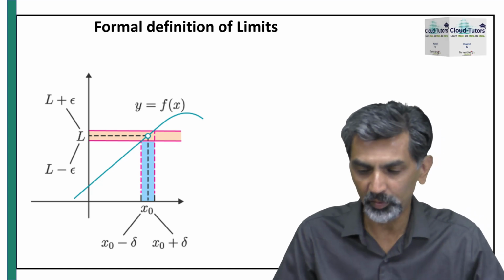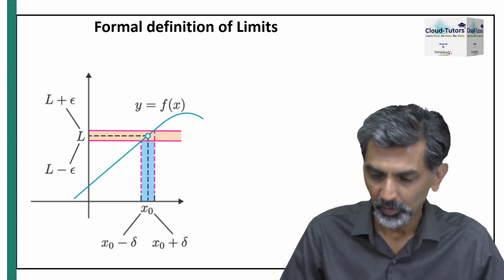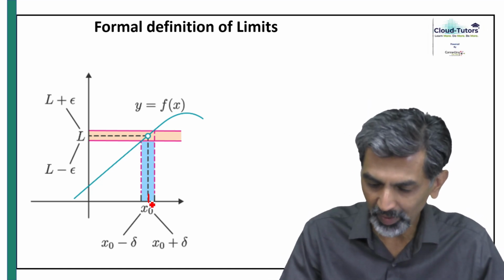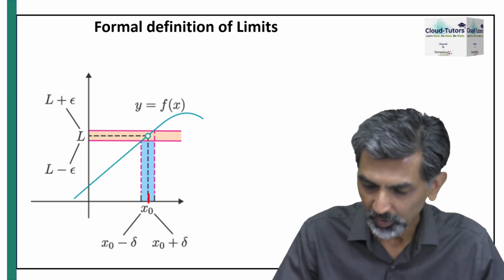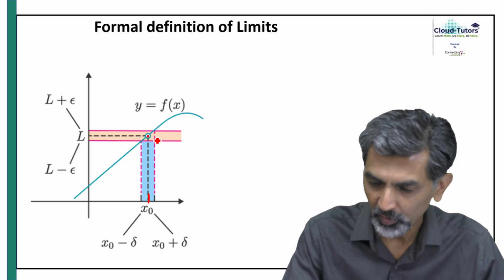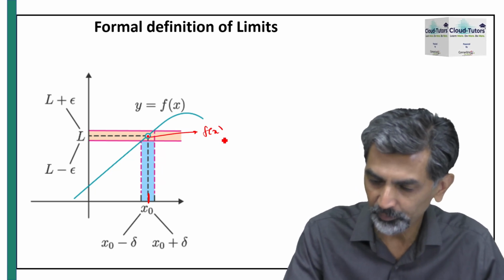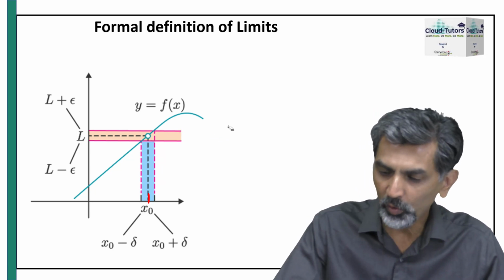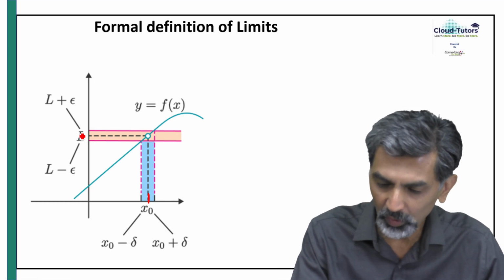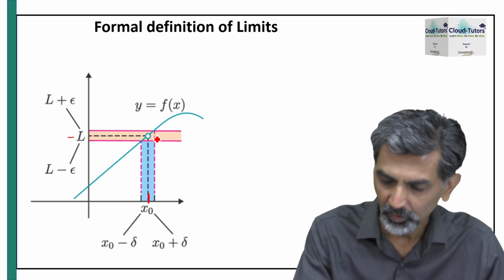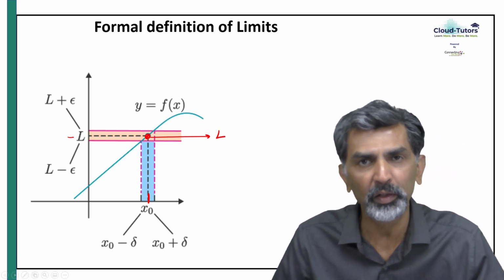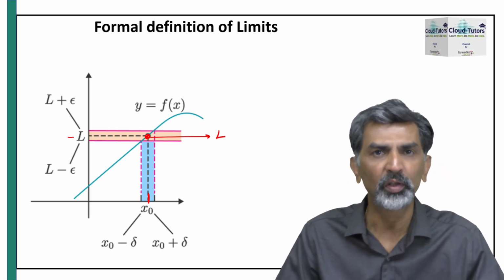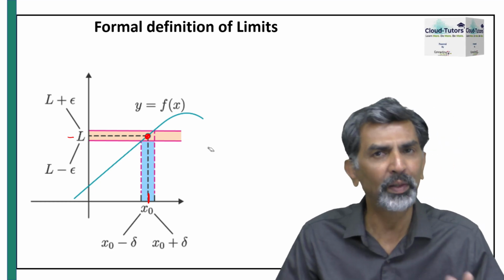Graphically, this can be represented as follows. There exists a value x naught, and this is f of x, and let's call this L. This value here is L, and I want f of x to get very close to L. What does very close mean?